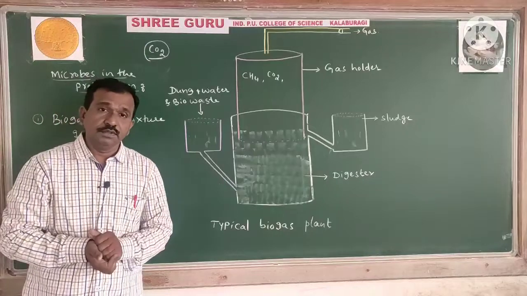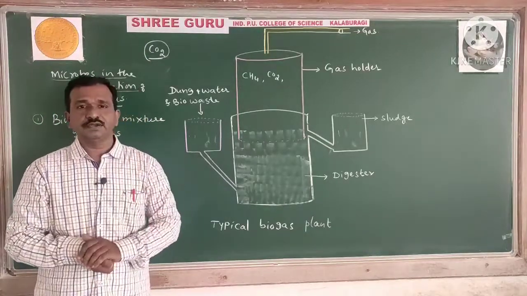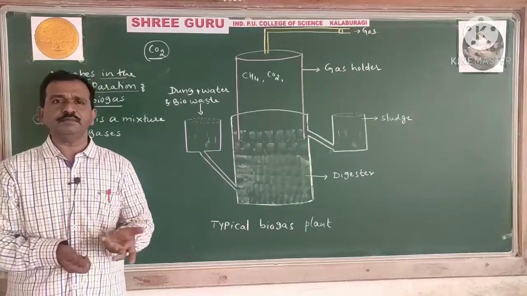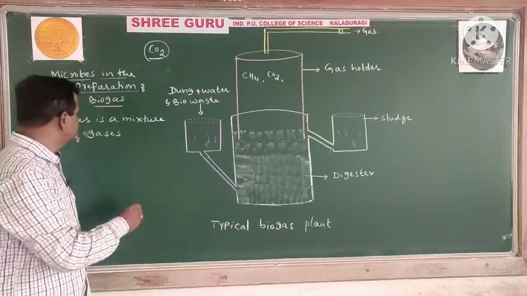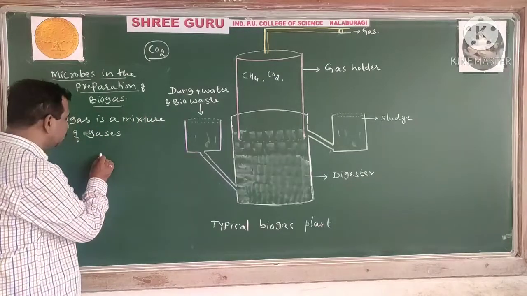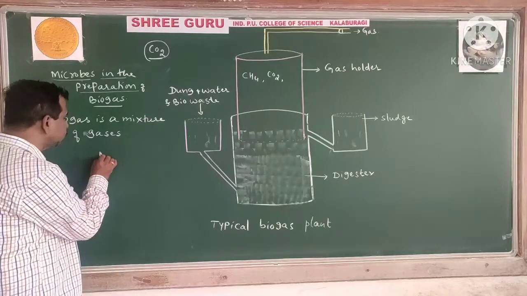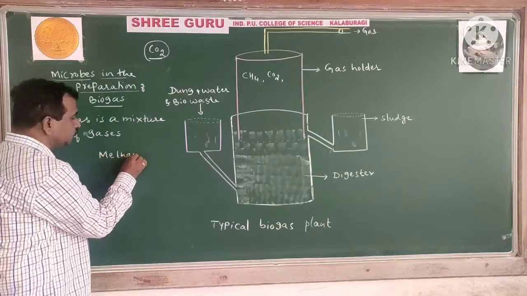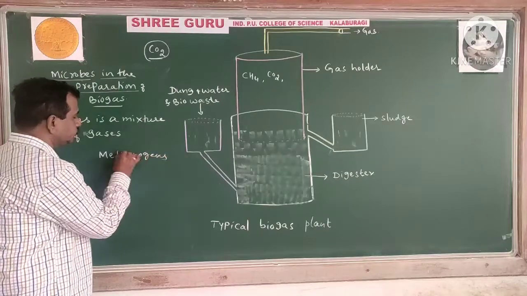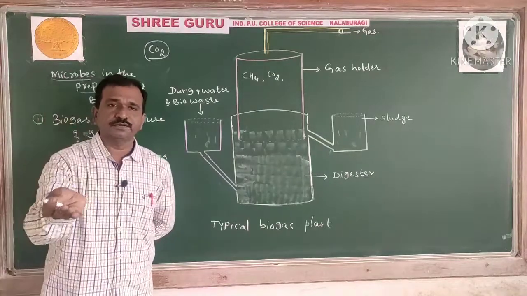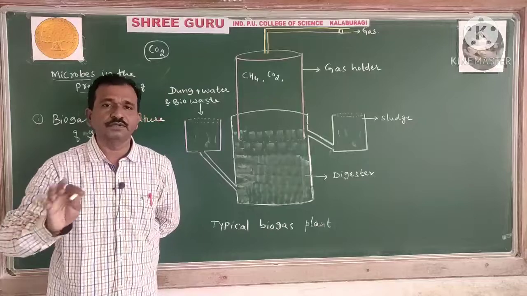Now, what are the different kinds of harsh climatic conditions? Extreme climatic conditions. Apart from that, we have seen different kinds of bacteria, like the methanogens, halophiles, and thermoacidophiles.